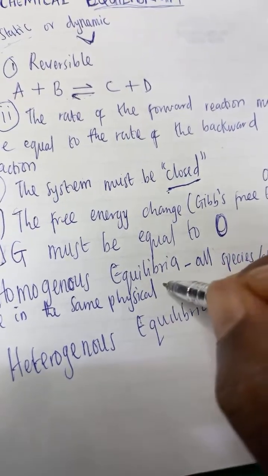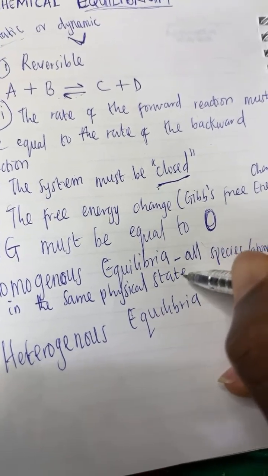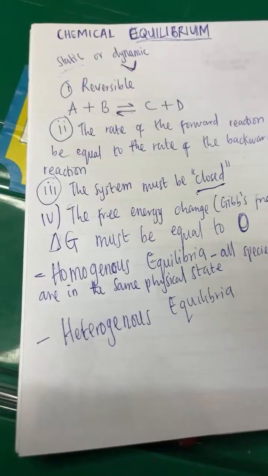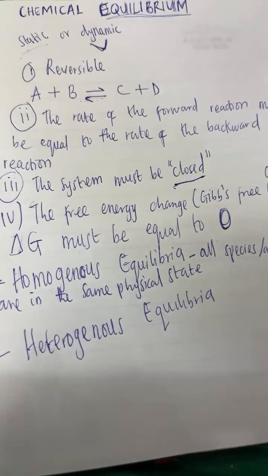I will explain. When I say that they are in the same physical state, I mean maybe all of them are solid, all of them are liquid, or all of them are gas.